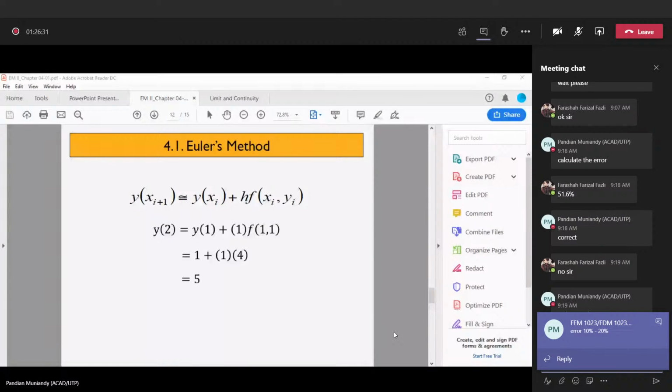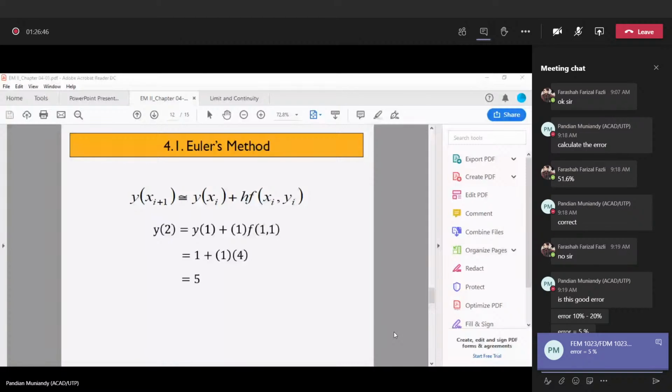Maybe you want an error of 5%. Okay, this is the outstanding one. If you want 5%, this is excellent. But if you want 5%, this will be a very hard job now. A challenge.